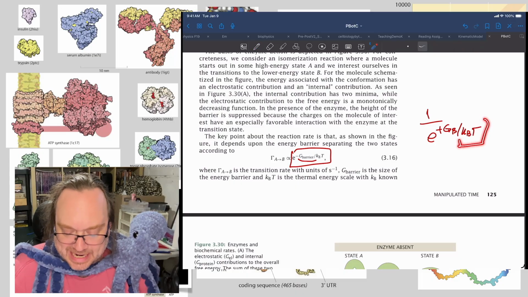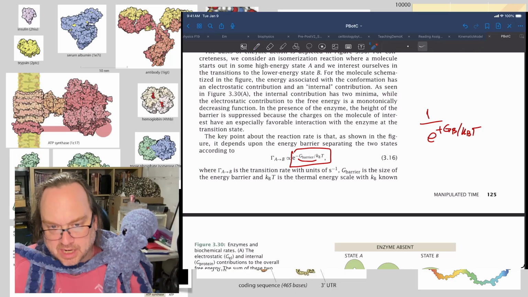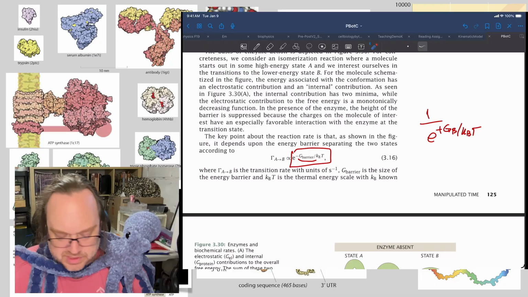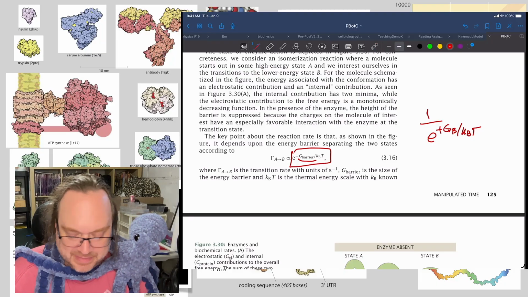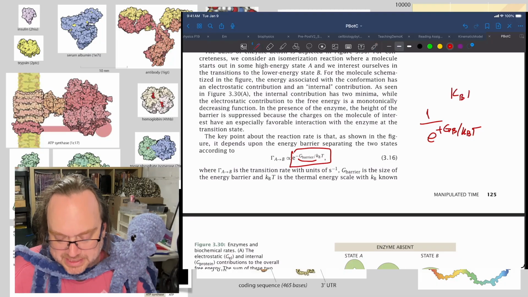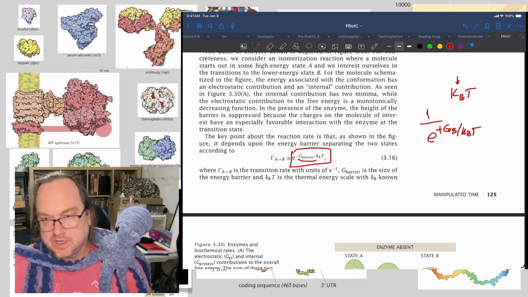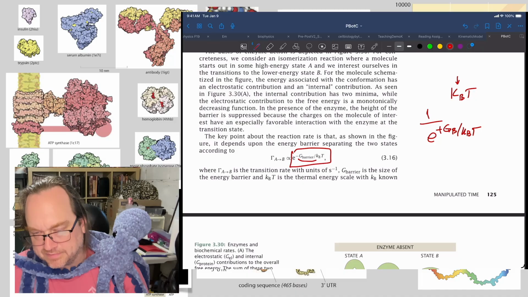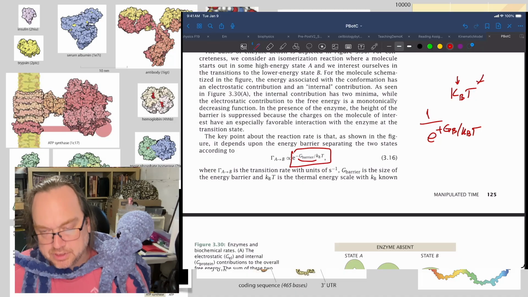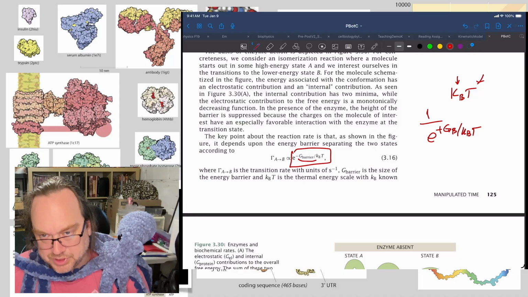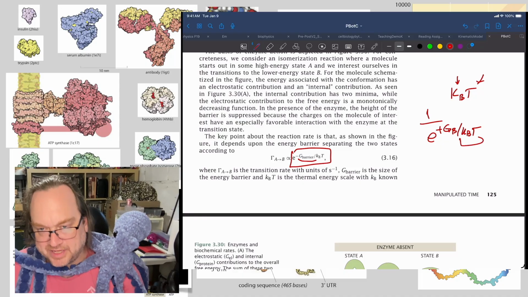If you haven't encountered kBT before in other courses, this is a term that means energy. So kBT literally is energy. This is Boltzmann's constant, which is basically some number of joules per Kelvin. And then you plug in your temperature. So you're going to get now just straight up joules. This is a unit of energy that you have available to you.